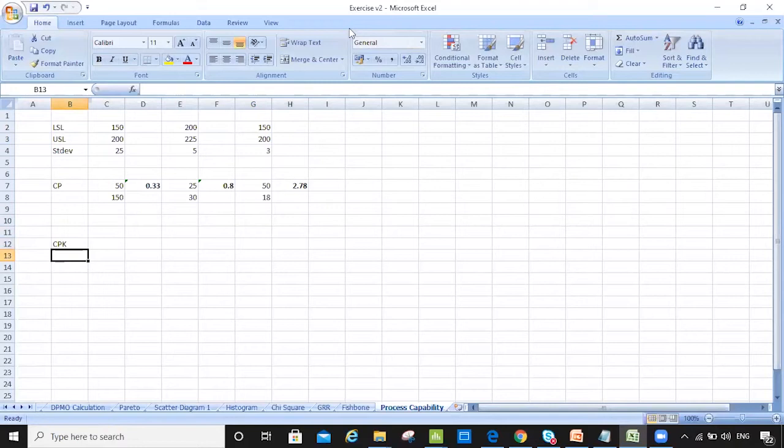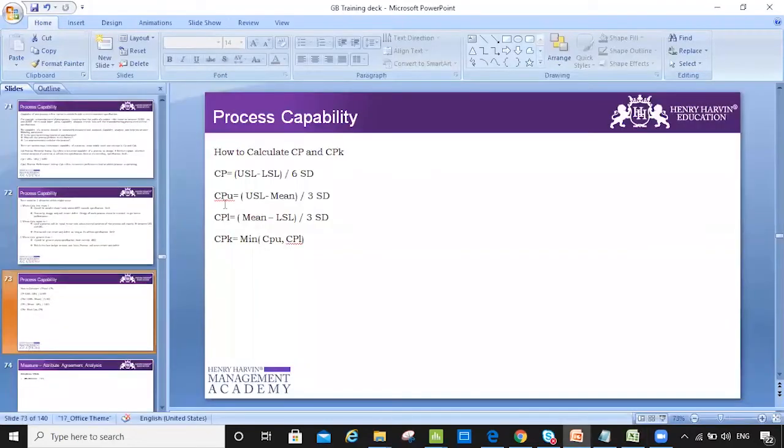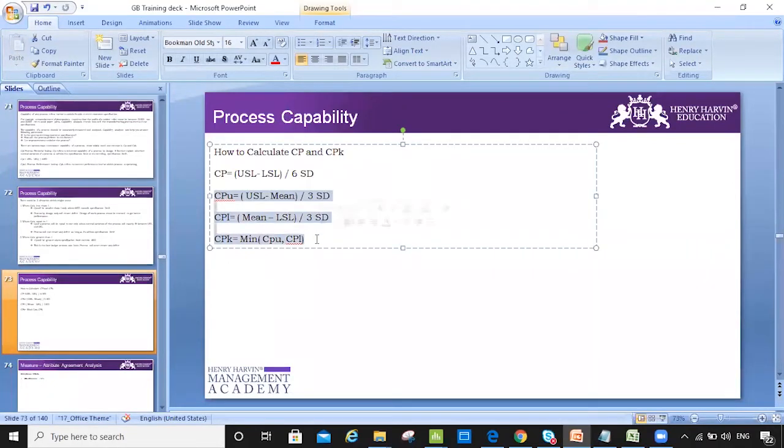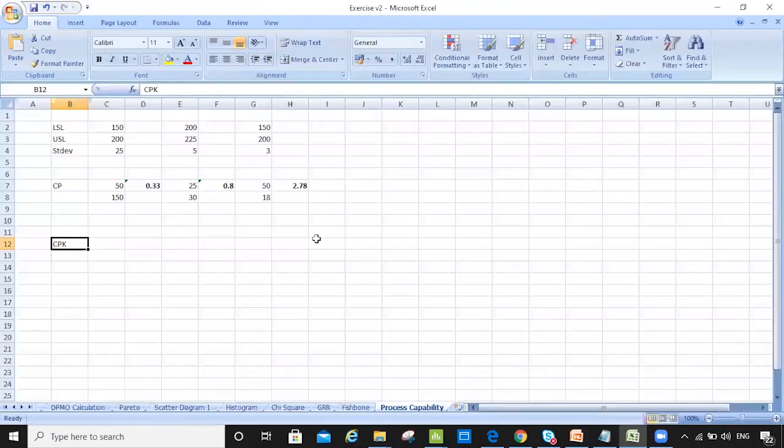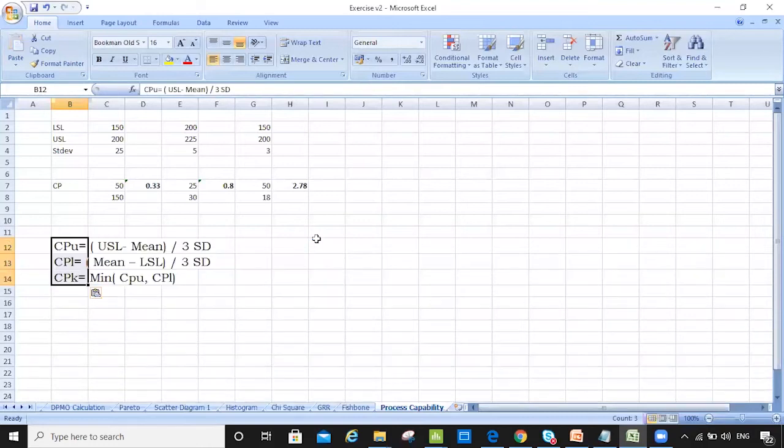Now we'll calculate the CPK. What is CPK? CPK is the potential process performance, not by design, but what actually it is. To do that, we first have to calculate CPU, which is USL minus mean upon 3 standard deviation. I'm just putting the formula here so that we don't have to go again and again.